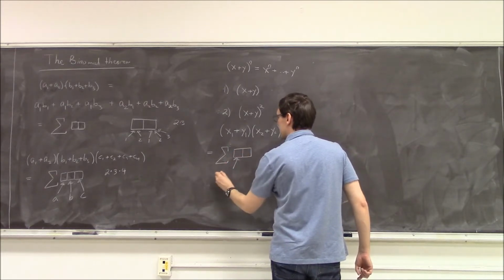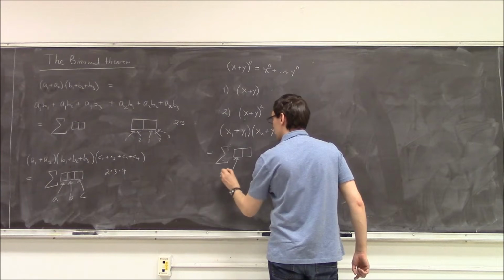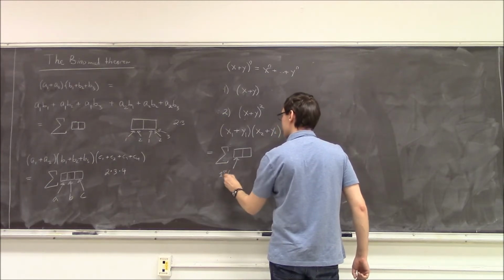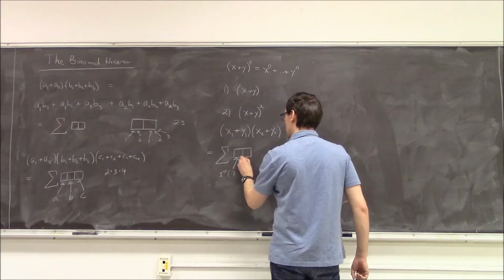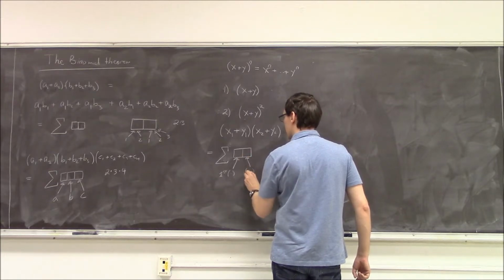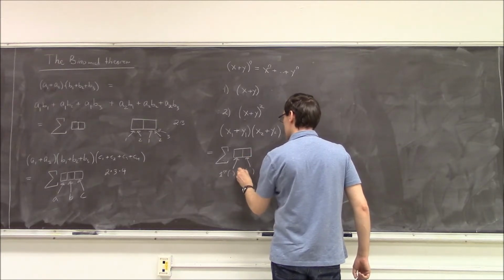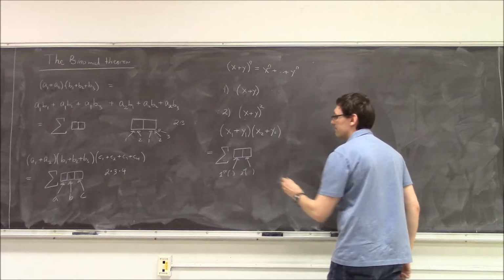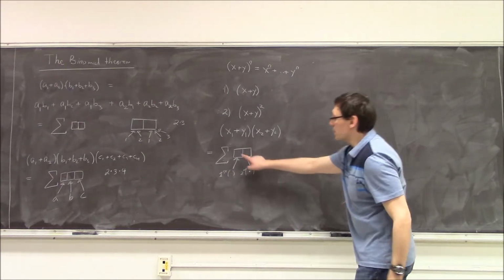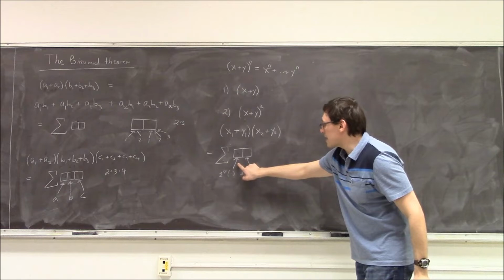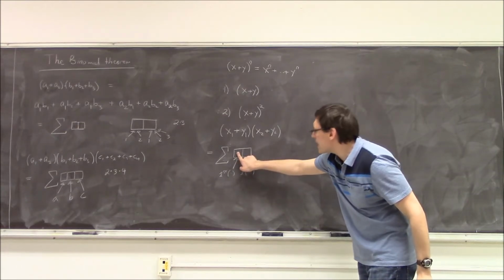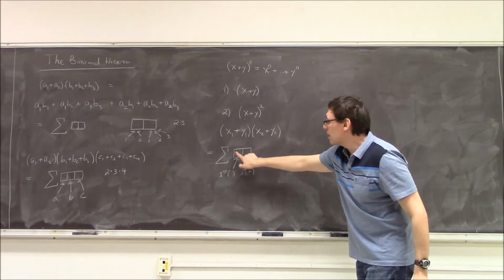Here is the first parenthesis, and here is an input and only one input of the second parenthesis. So in other words, here it has index 1. I place either x or I place y.